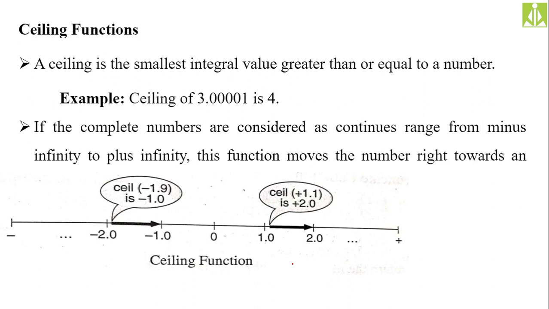So always the input to these functions will be a floating point value and the output will be the integral value, the whole number value. How will it calculate the whole number? By simply rounding the value. Whatever value you supplied, it will simply give the round figure of that value.